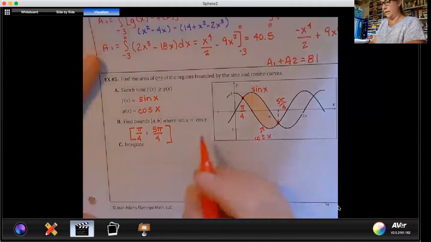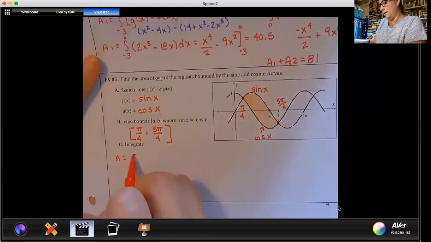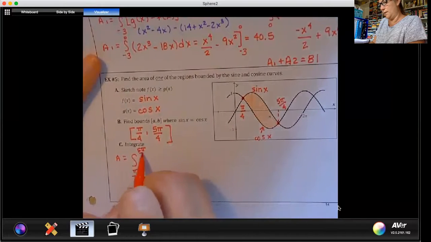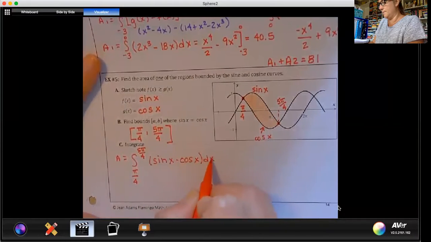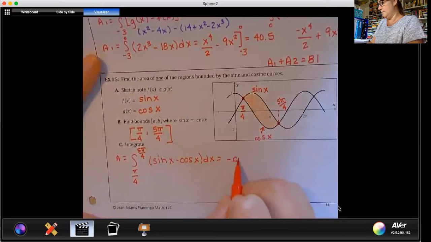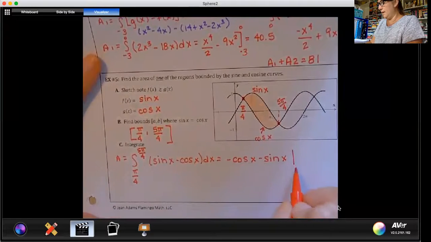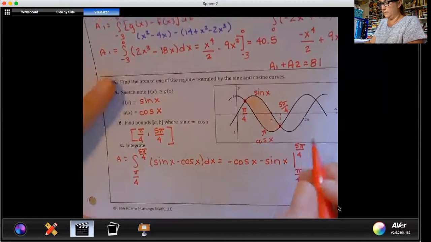And now we integrate. So our area is the integration from pi over 4 to 5 pi over 4 of sine of x minus cosine of x dx. Take the antiderivative of each one and evaluate that from pi over 4 to 5 pi over 4.